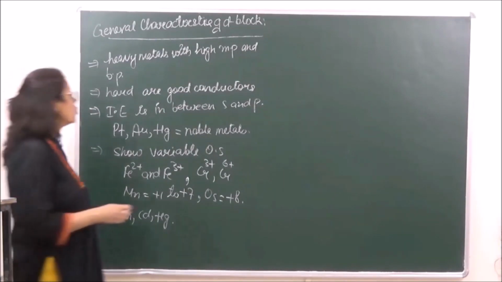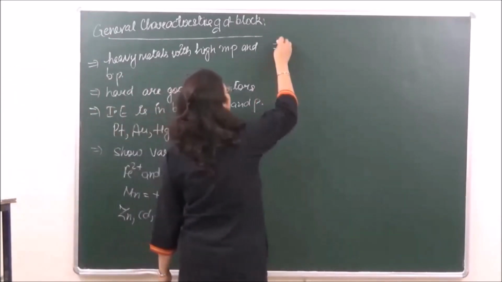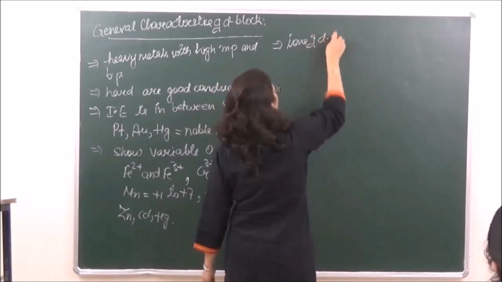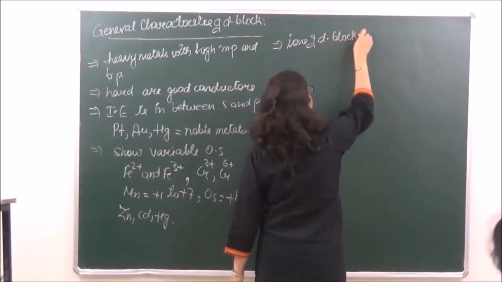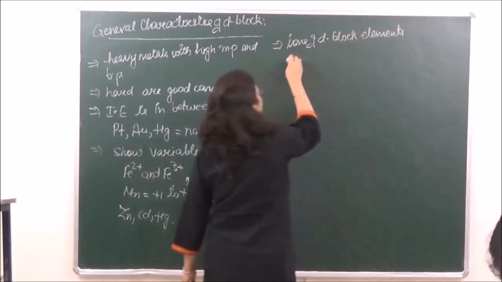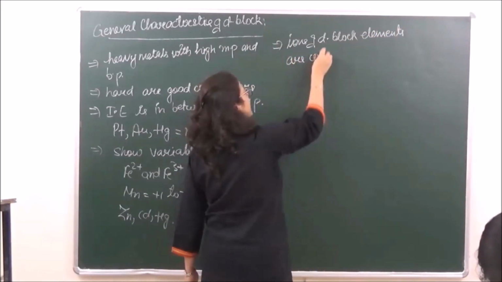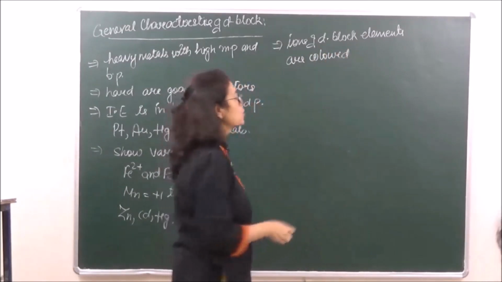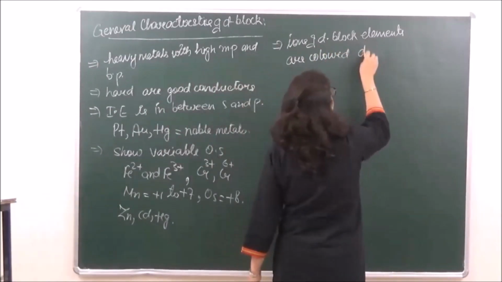Right? Then most of the ions of D block elements are colored. This you will study in the next class, in class 12. Colored due to d-d transitions.